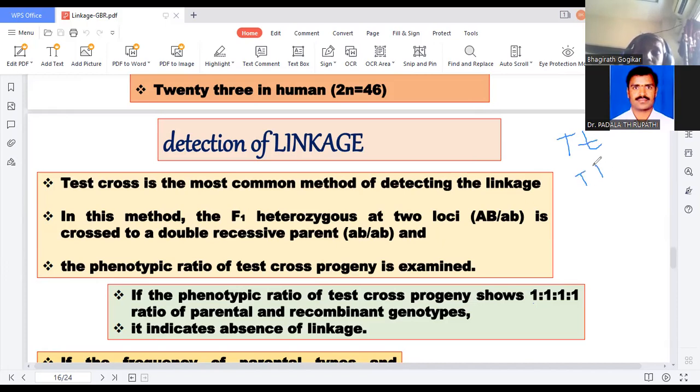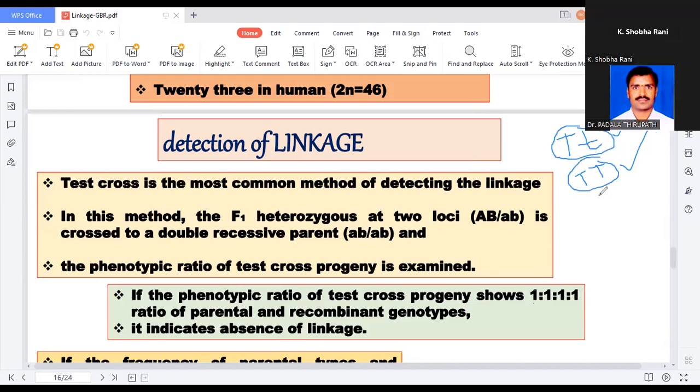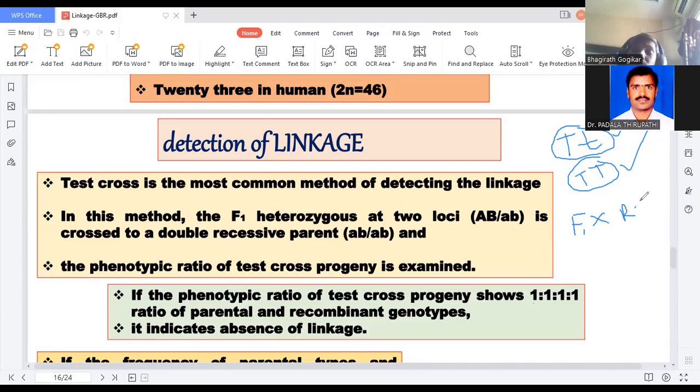The tall plant can exist in heterozygous or homozygous condition. How can you know whether the tall character is heterozygous or homozygous? To reveal that secret, we do a test cross: the recessive parent plant is crossed with the F1 individual.